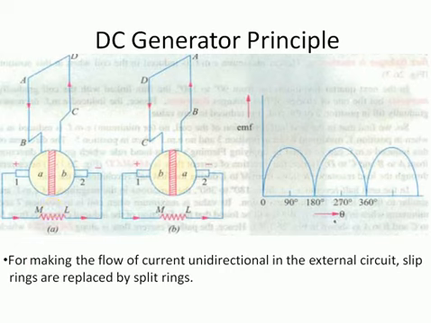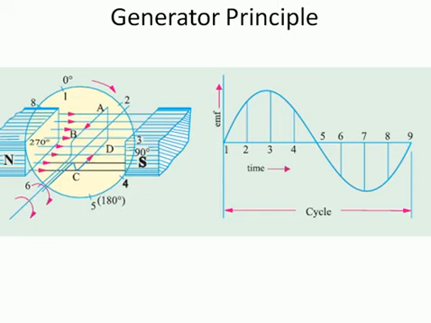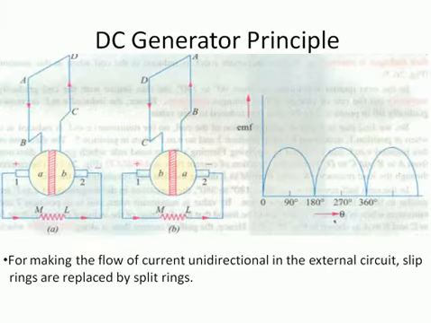This is represented as DC current, having only the positive half, whereas the EMF induced in the conductor was AC in nature, and the EMF across the load will be DC if you are using split rings.